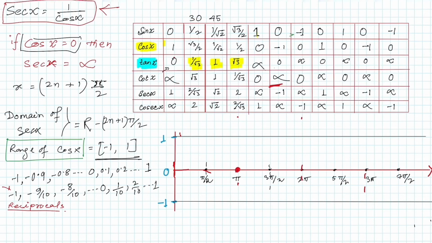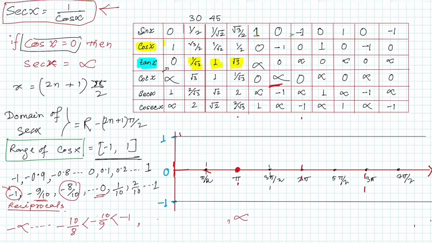Reciprocal of -1 is -1. Reciprocal of -9/10 is -10 by 9, which is less than -1. Then similarly the reciprocal of -8/10 is -10 by 8, which is again less than -10 by 9. So we will get up to -infinity. Then we know the reciprocal of 0 is infinity.